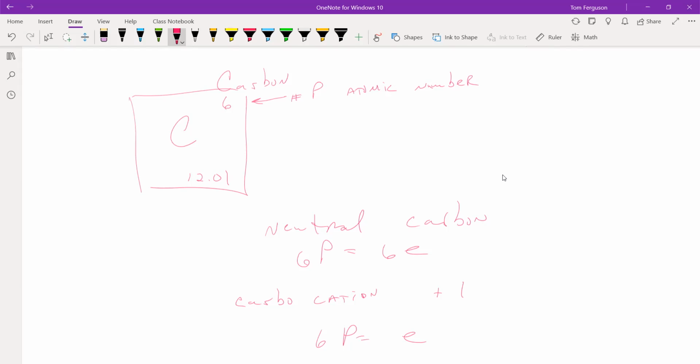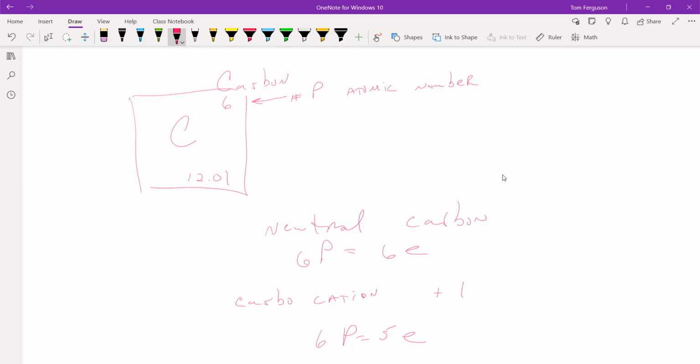How many electrons? 5 electrons, because we have to have 1 more proton than electrons to get a charge of +1. That makes sense? What if we had a carbocation +2? How many electrons? 4.